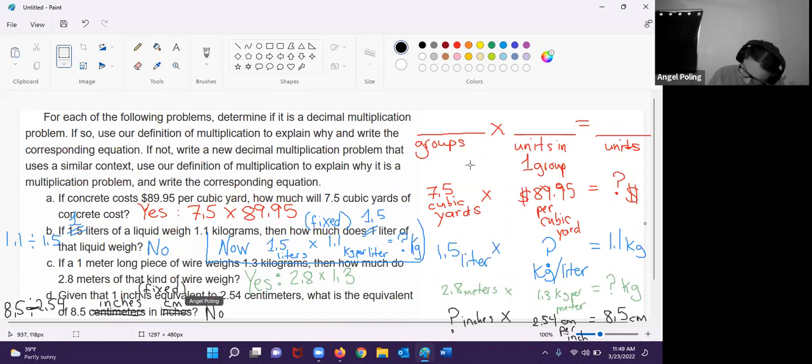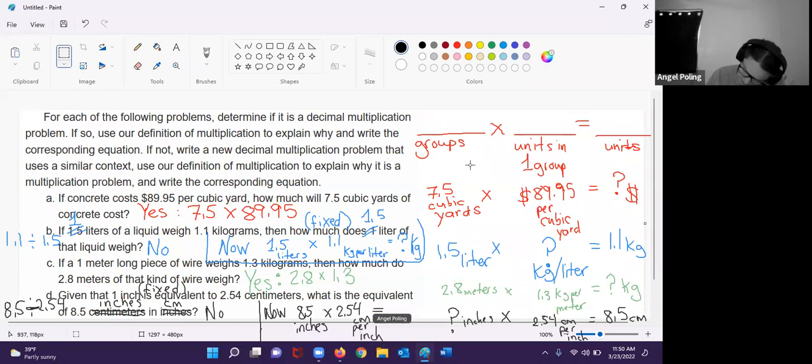And now that I've fixed it, we would have 8.5 inches times 2.54 centimeters per inch.